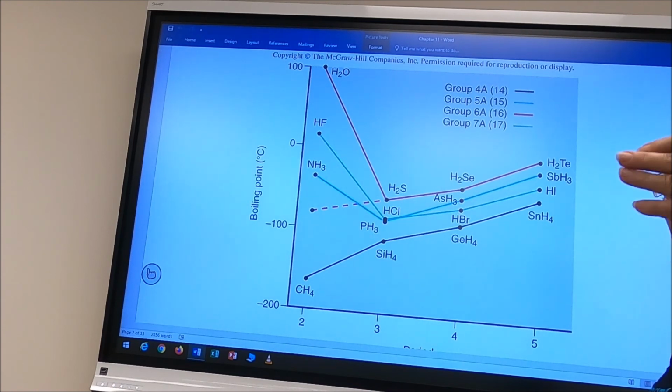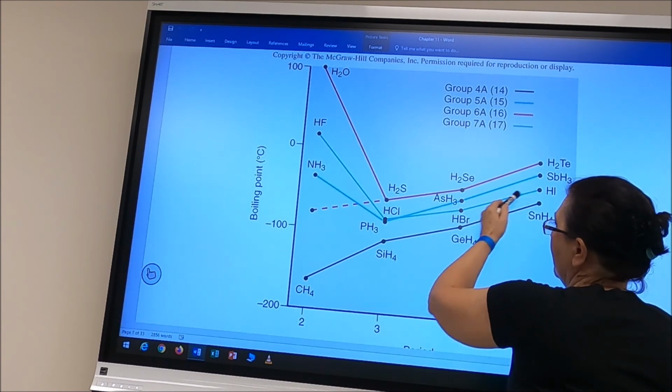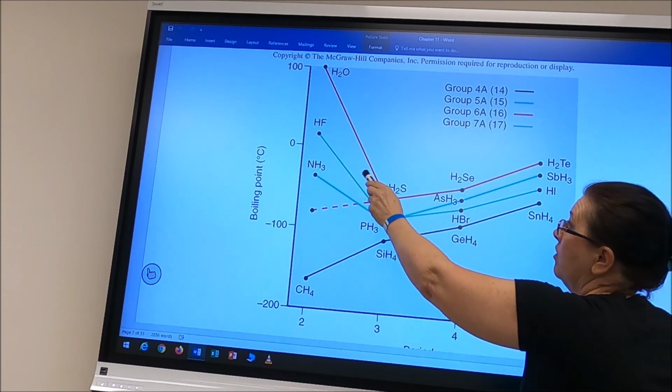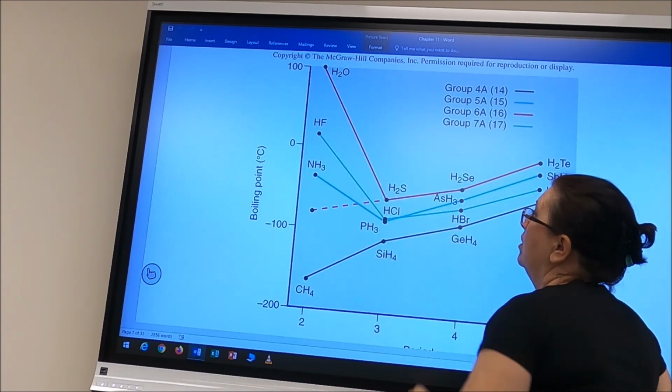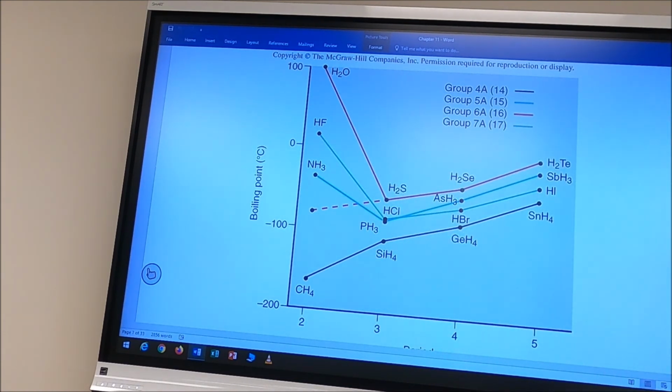It can create hydrogen bonds between ammonia molecules. Same thing with HF. Notice HCl, HBr, HI, boiling point goes up, but HF is way out of line. Same thing with water. Water's way out of line because it can make so many hydrogen bonds. So there we go. We can see the effect on boiling point for hydrogen bonding.